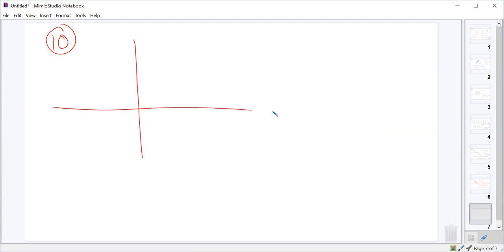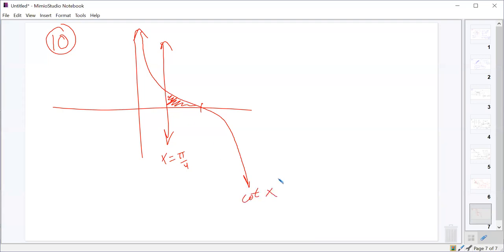Number 10 says we got y equals cotangent x, which should look like that. And the line x equals pi over 4 should be like that, and the x-axis. So x-axis, x equals pi over 4, cotangent x.